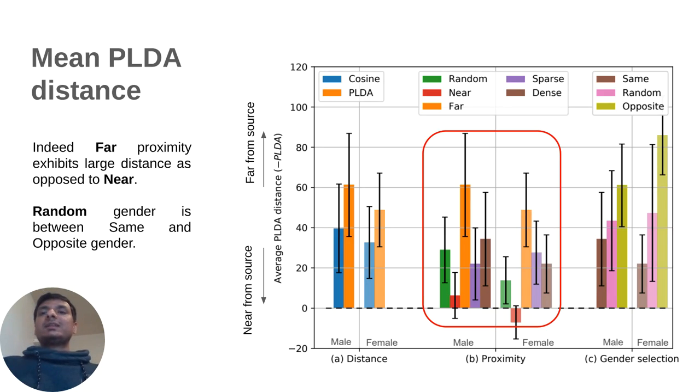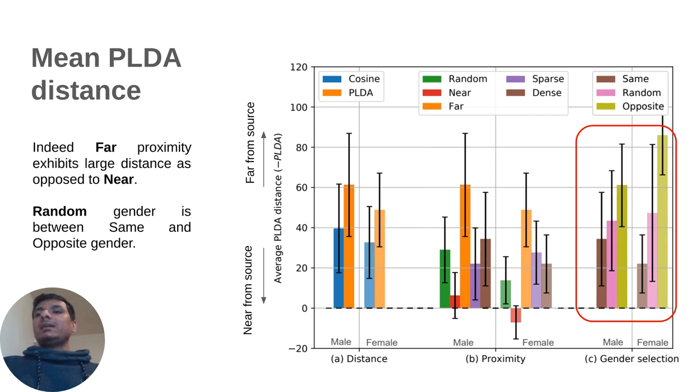If you compare the different proximity values, you will indeed see that when we want to obtain far pseudo speakers, that is the highest average distance from the source, and near indeed produces lower values. So the proposition that we conjectured, that averaging might result in a pseudo speaker which is closer to the source, is actually false.